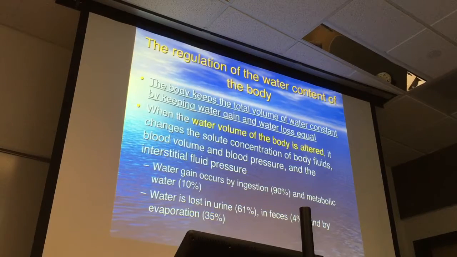Okay, water gain, by the way, if you would like to know, 90% of the water gain comes from ingestion. We do make water every day in our mitochondria. About 10% of the volume of water we take in we need every day comes from metabolic water made at the final electron acceptor of oxygen.